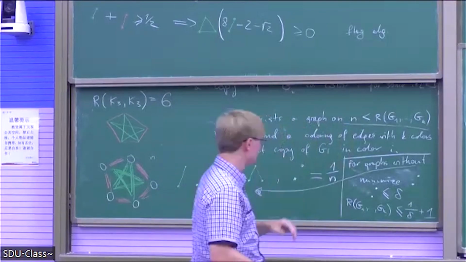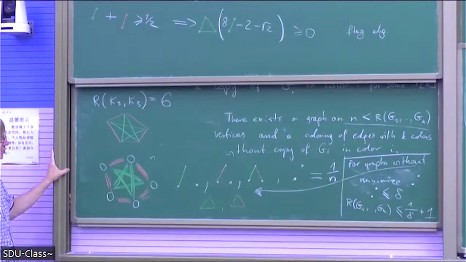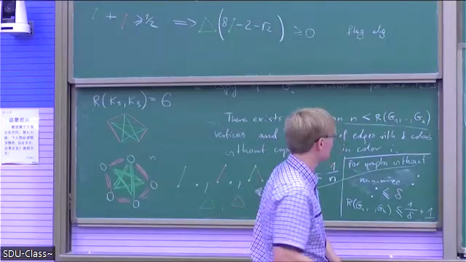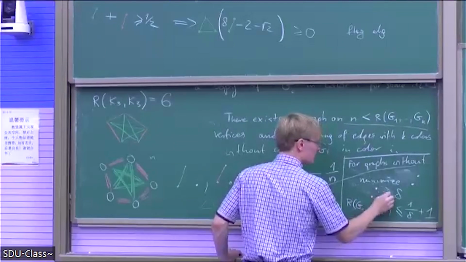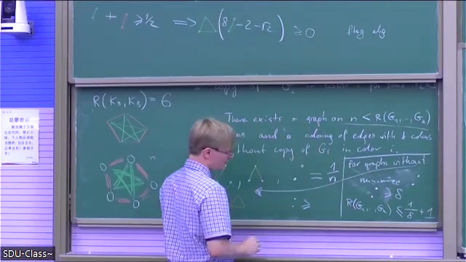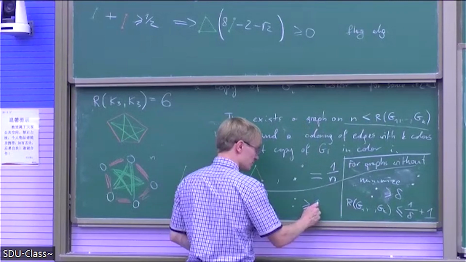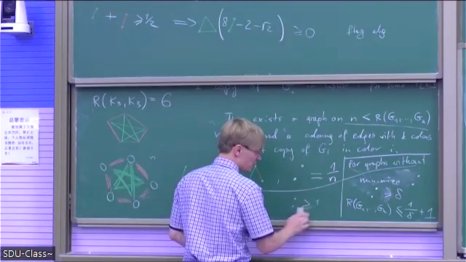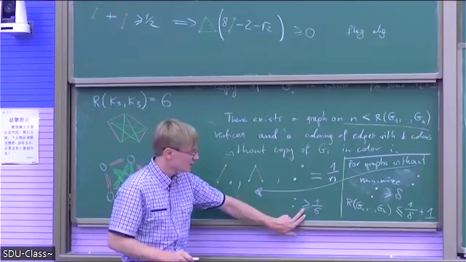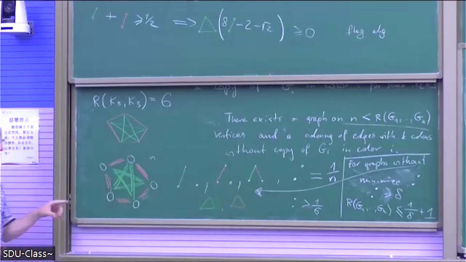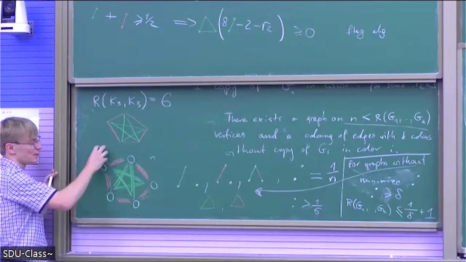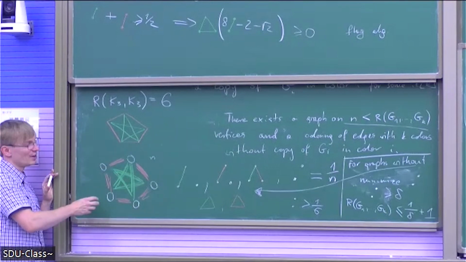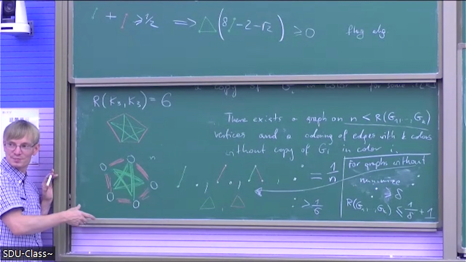Why is it so? If I'm able to prove, for example in this case, that the non-edge density is at least, or strictly bigger than, 1/6, then it means that there cannot exist a graph which is a blow-up of a graph on 6 vertices.